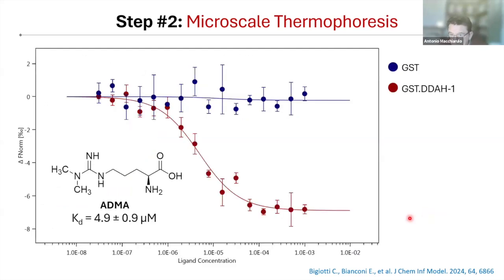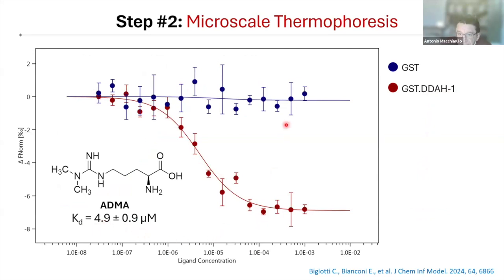Also, to test the functionality of the protein, we ran binding assays using the substrate. Against our recombinant human GST-DDH1 fused protein, we can see a binding curve of 4.9 micromolar.